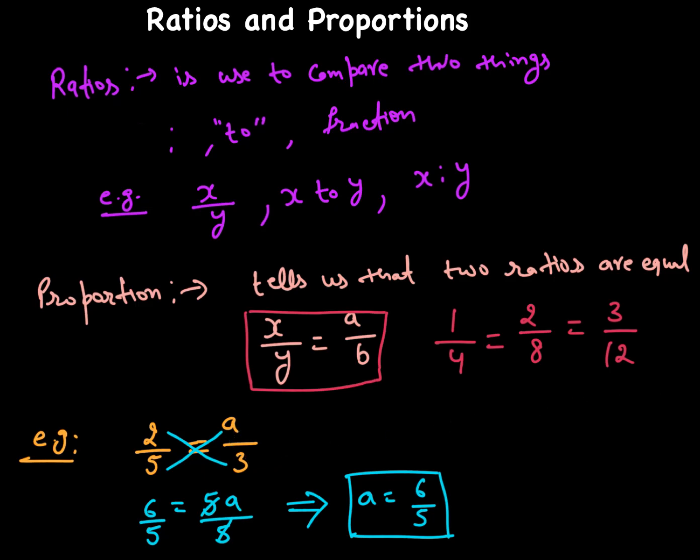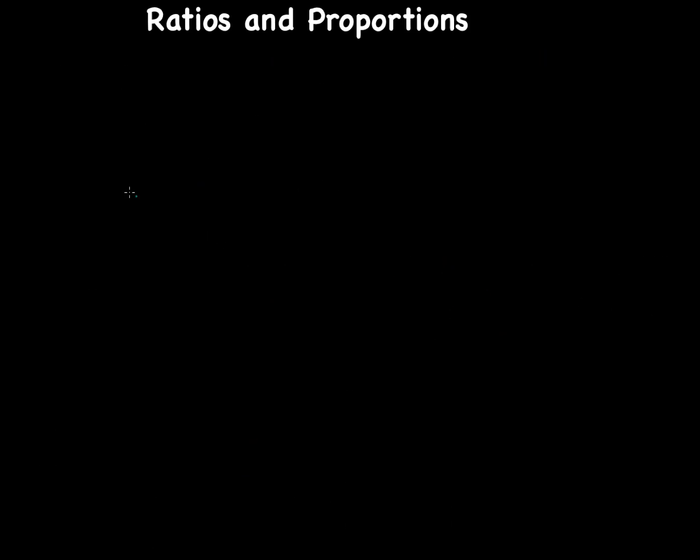Okay, let's do a couple more examples for the proportions. Let's say I got 3 over 4 is equal to 5 over r. Find r. Again, we're gonna cross multiply. So 3 times r gives me 3r is equal to 4 times 5, which is 20.